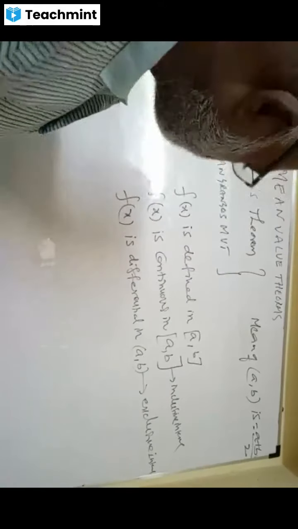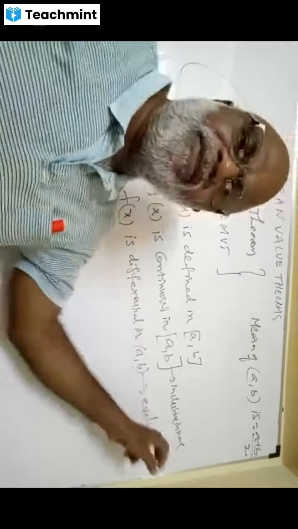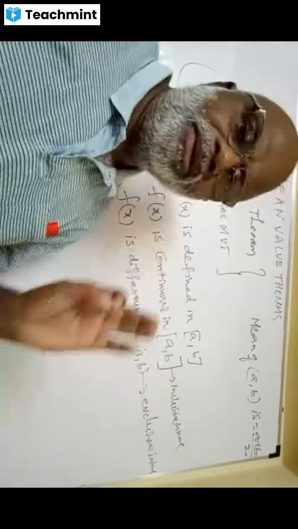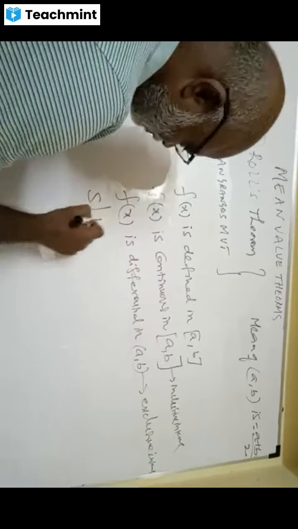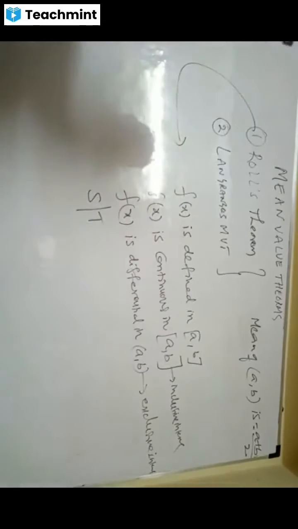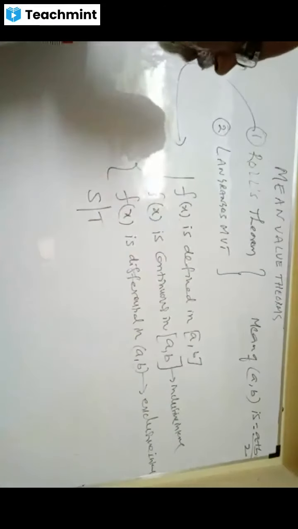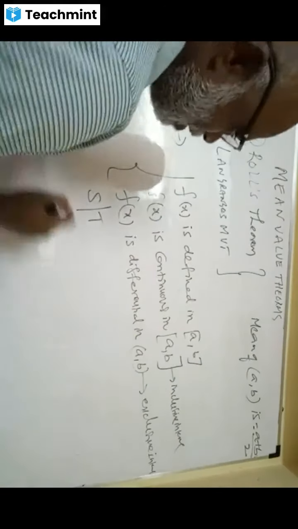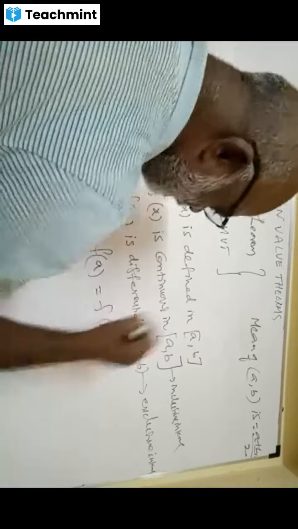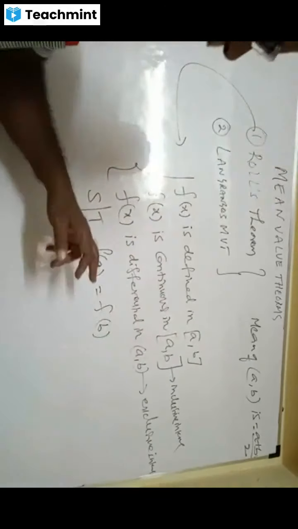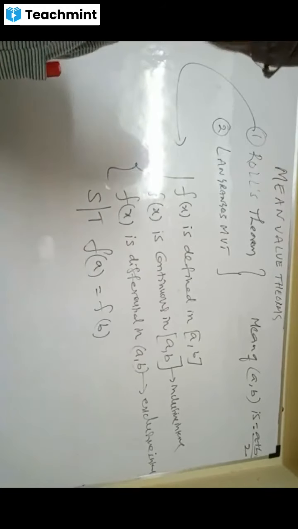F of x must be differentiable in the exclusive interval AB. Then such that f of A must be equal to f of B. All the four conditions must be satisfied.